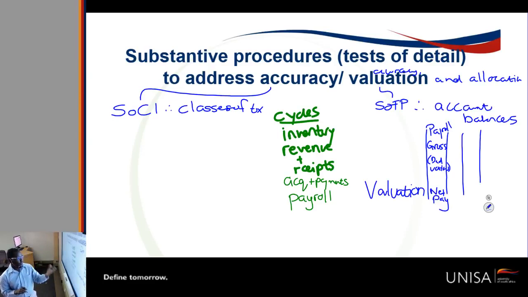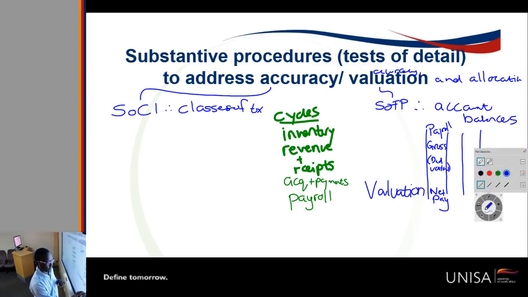So how would we address this? Our gross amount for payroll, you'd obviously get from your employee's contract.